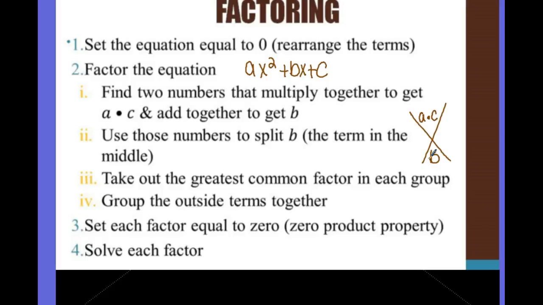So we use our magic X. Then we do the GCF part with what we found for the magic X. Then the new part is to solve what we found as our factors. So we're going to set each one equal to 0 separately and solve for the variable.